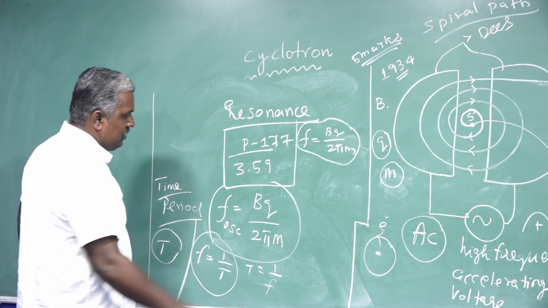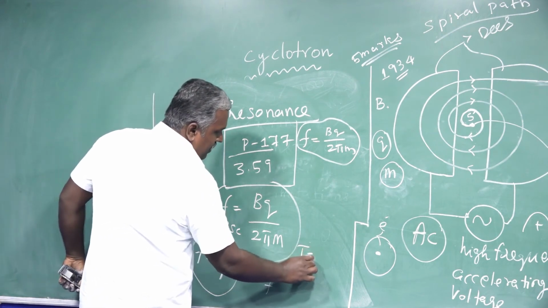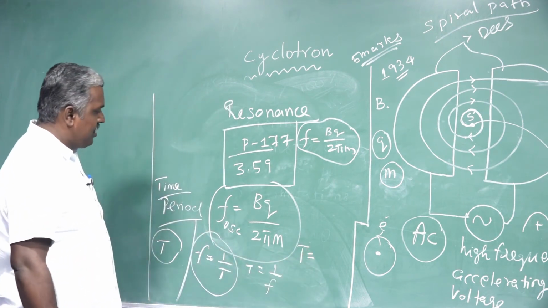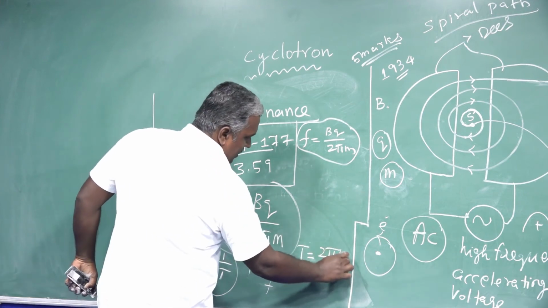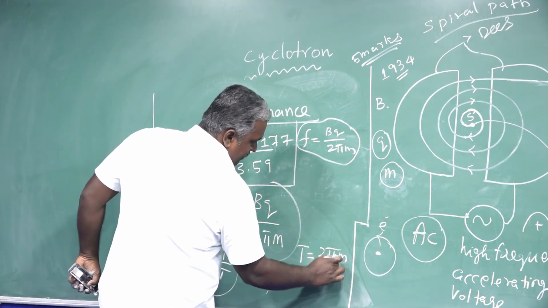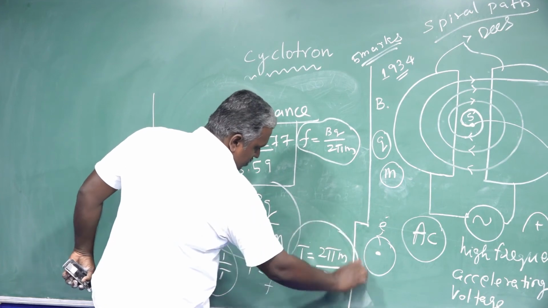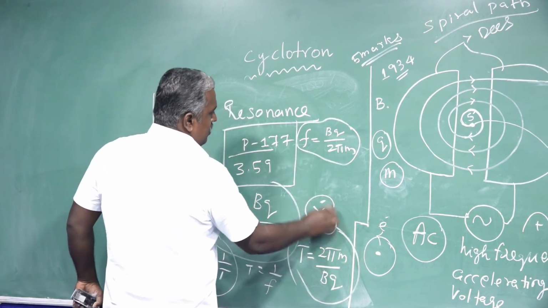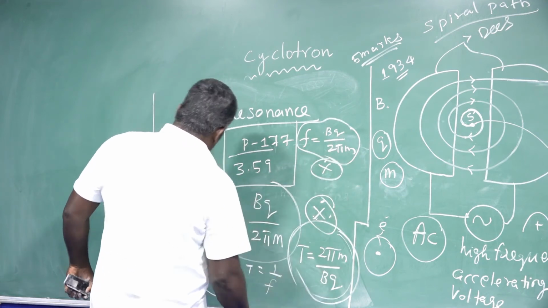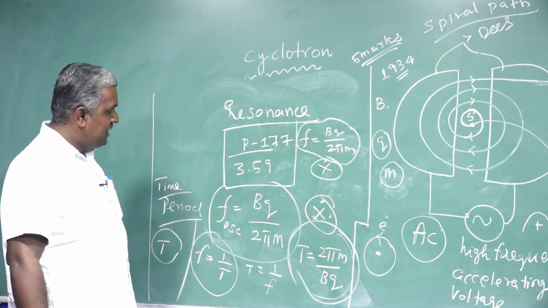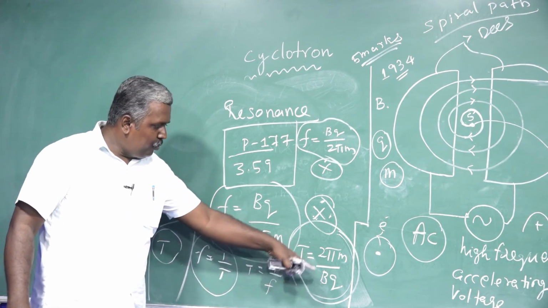Come on, tell me now. You can write the formula for T, that means the time period of oscillation. Yes, very good, you are correct: 2 pi m by Bq. This is for the time period of oscillation.